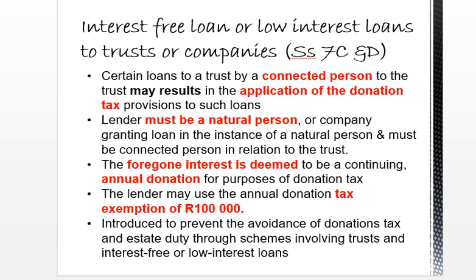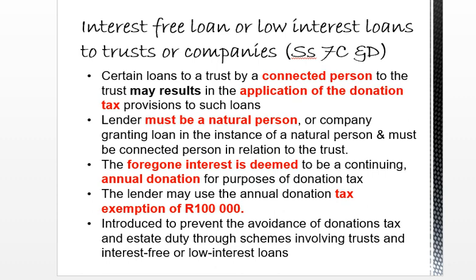So this is section 7C and D. This is a new section that was introduced within the tax law, basically from the 1st of March, where certain loans or credit advancements to a trust by a connected person to the trust may result in the application of a donation tax provision to such loan or credit. So this is now from the 1st of March 2017. When we deal with trusts, it will also become a bit more clear.